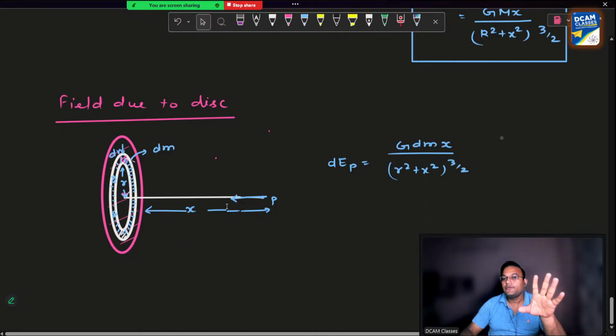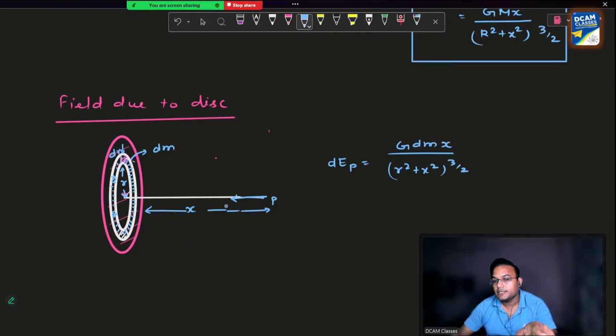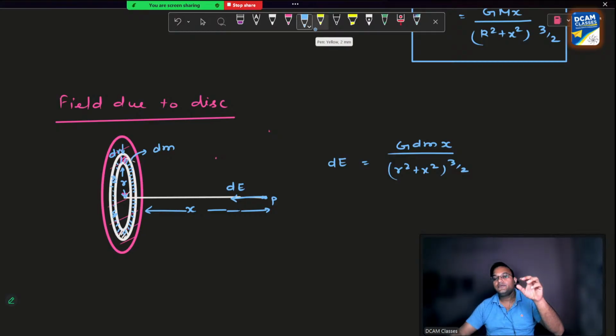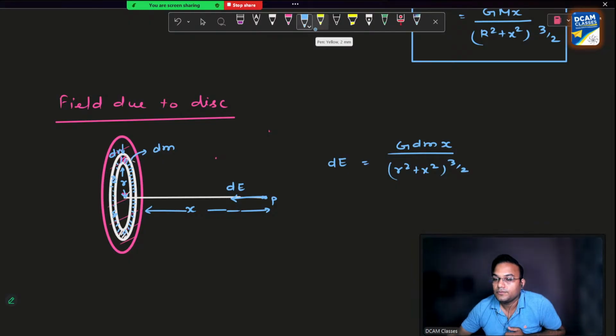Now what I have done, because of this ring of thickness dr, I have found out the field at P, which is dE. Now I will add the field at point P due to all such rings and make it a disk. For that, first I have to find out dm.